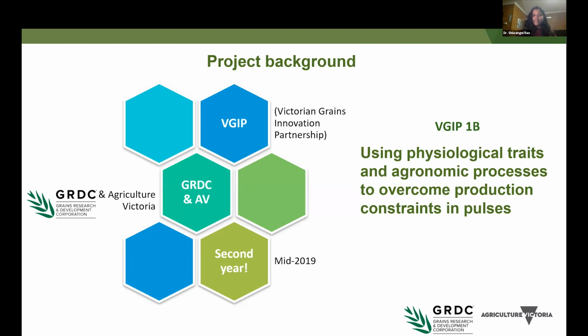The project is funded by GRDC, which is a farmer-funded organization, with Agriculture Victoria, which is the state government's agricultural research sector. We are in our second year of the project, and using the root imager, we just started last year. Last year was our first field season, and it was a preliminary trial. So I have a little bit of background and a little bit of coverage on the CI 600.